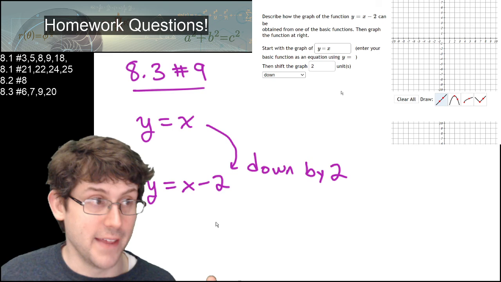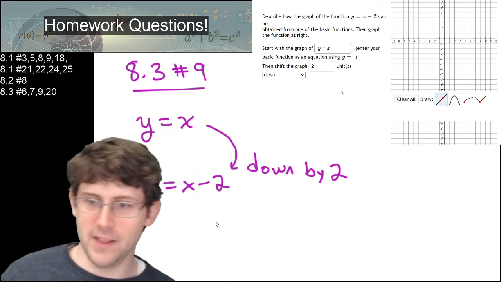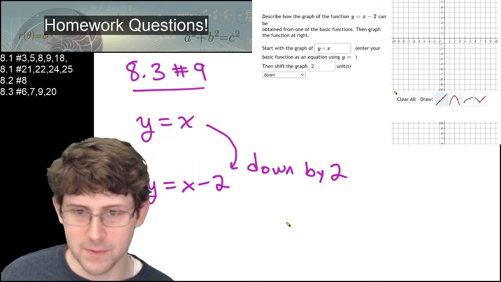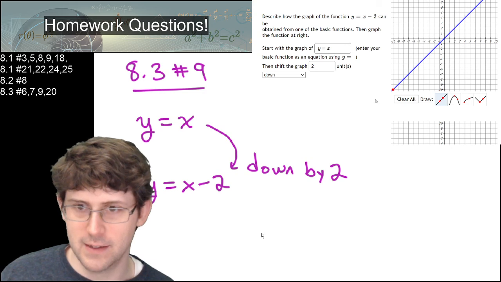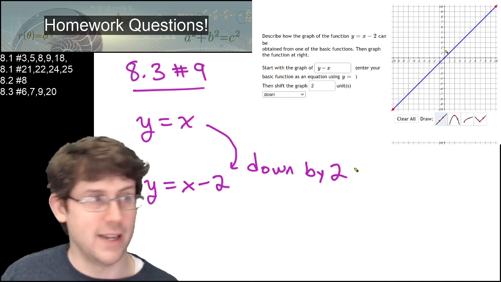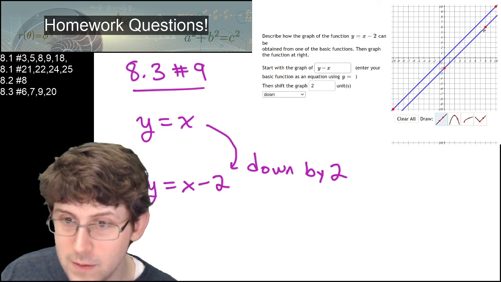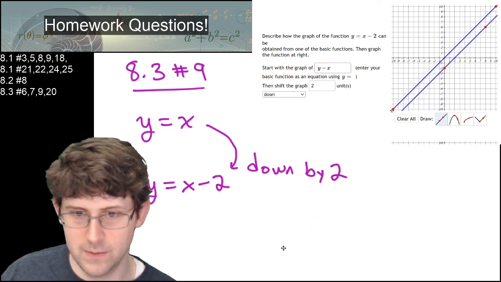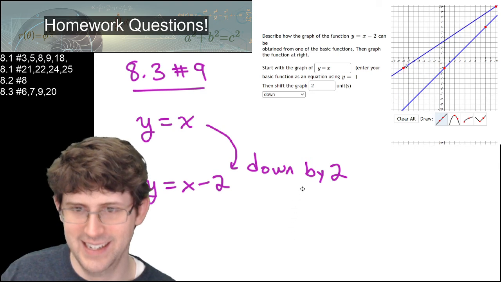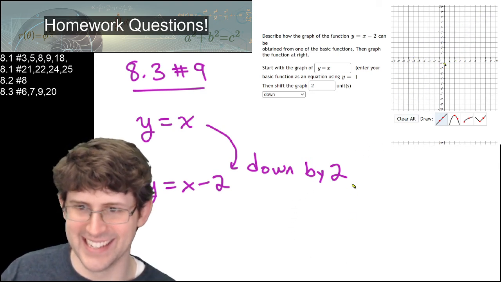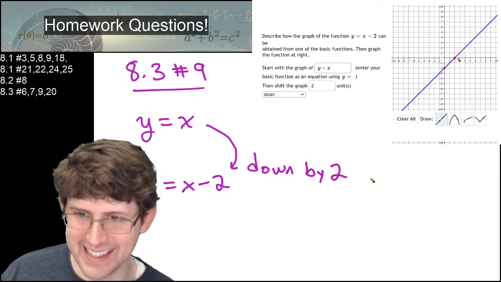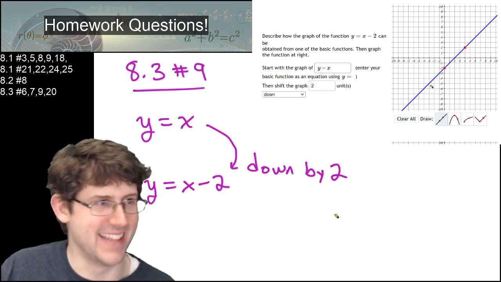Then it wants us to draw that. So y equals x would have gone through, it would have gone like this at a 45-degree angle, but I'll move it down by 2. Okay, let's try that again. I'll go down by 2 and then go up at a 45-degree angle. Maybe that's a better way to do it.